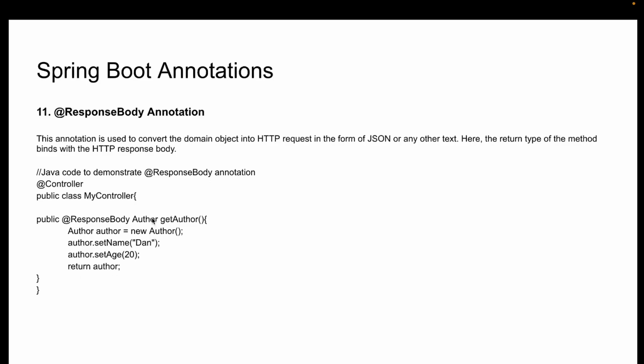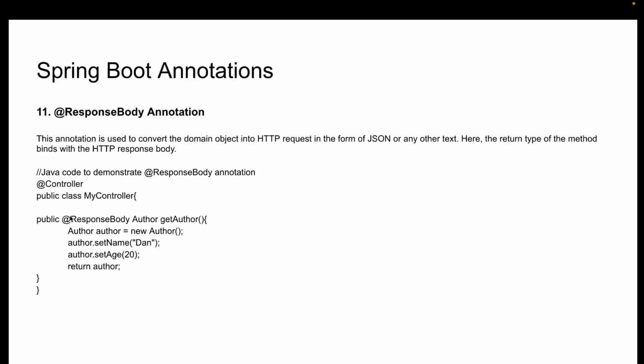So the return type is basically the Author data type, right? Author is a class. We discussed it yesterday as well, right? Like how we can create a user defined data type. So this is a class data type, means Author is basically your class which has some data members like name, age, and let's say ID as well.